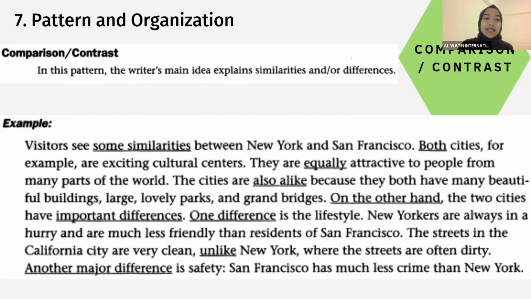What do they explain? Is it similarities or differences? Similarities. Is it only similarities? What about differences? Yeah, it's similarities because they have large and huge buildings. Do they explain the differences?